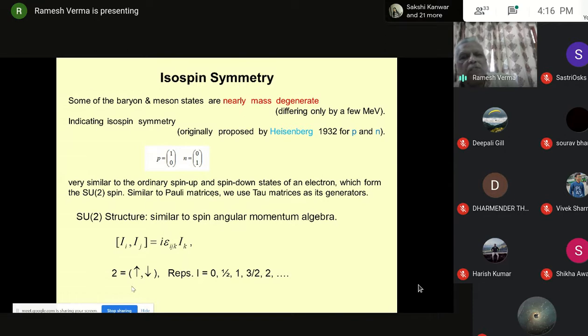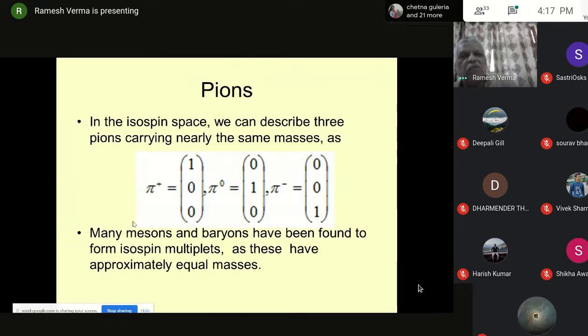And if you want to generate higher representations, exactly like spin, we have isospin 0, that means isoscalar, isospin half, isospinor, isospin 1, isovector, isospin 3/2, isoquartet, and so on. So in that way, just to give you an immediate example, when pions were proposed by Yukawa in 1935, they could easily be accommodated in this isospin framework.